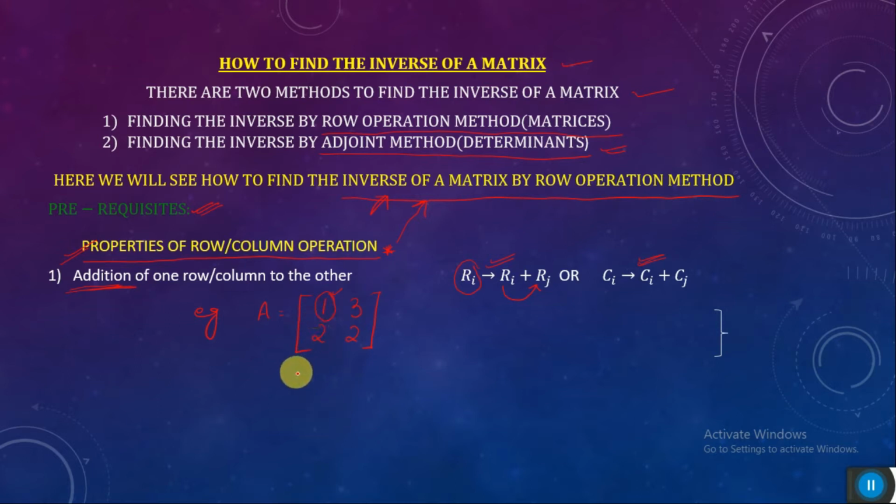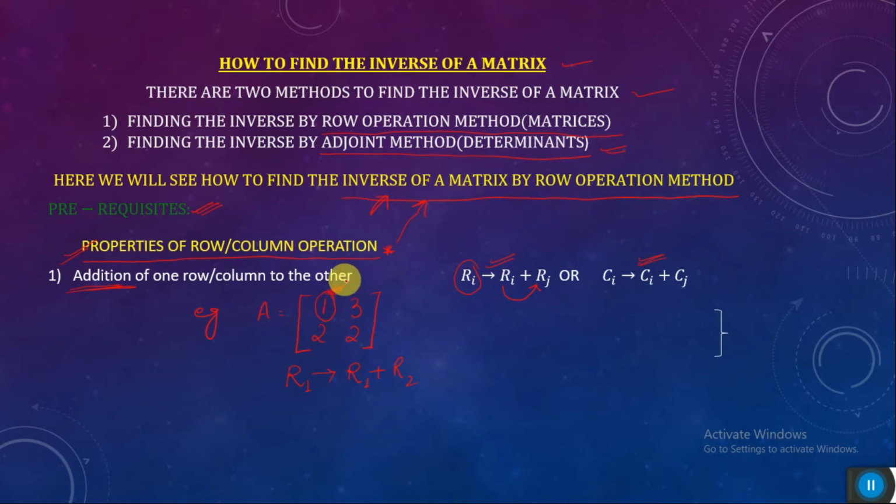My target is in the first row, so I will put my row 1 under operation, and I will say row 1 has to be added to row 2 to get 3. Just focus on this element, nothing else. Don't look at everything, just focus on one term at a time.